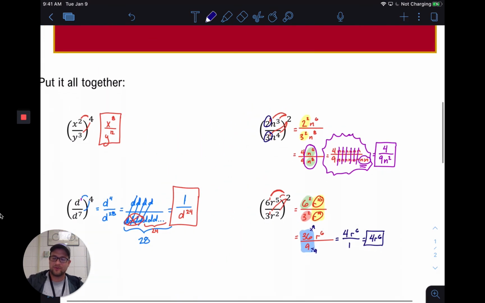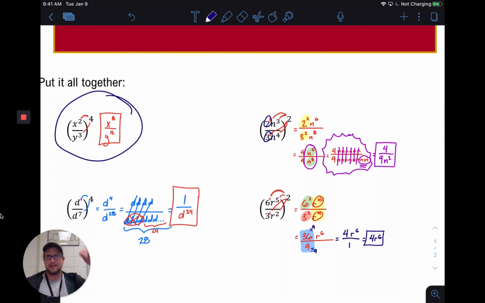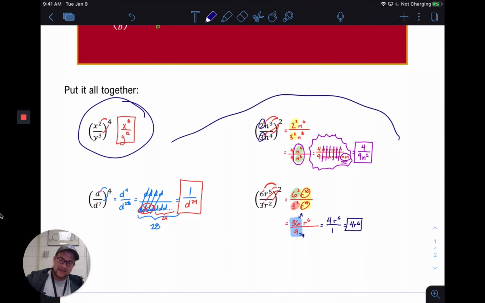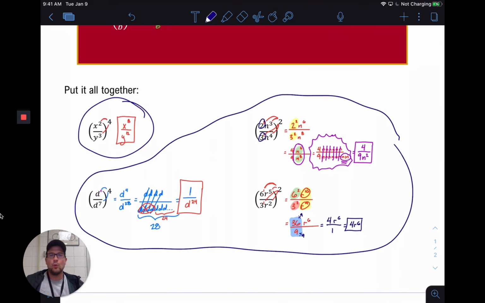We saw that in this first one, there was no need to simplify because on the top we had x's and on the bottom we had y's. They're different. But as we moved on through these last 3 problems here, we found there was that need to do a little bit more simplifying. Multiplying those exponents was only the first step, and we still had to go a little bit deeper.